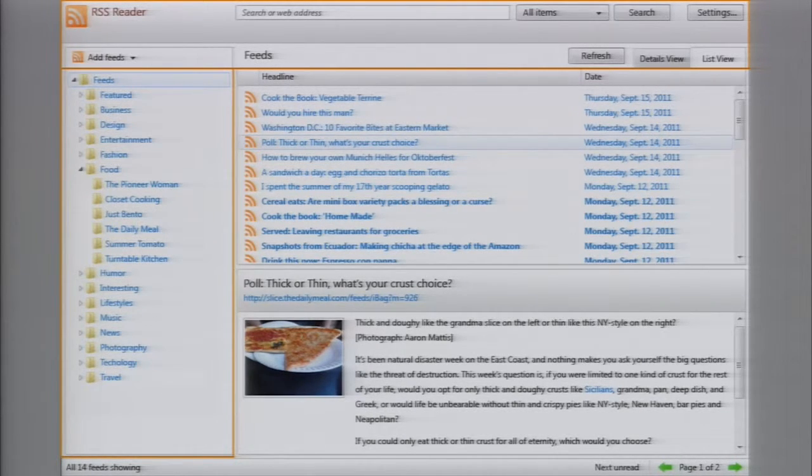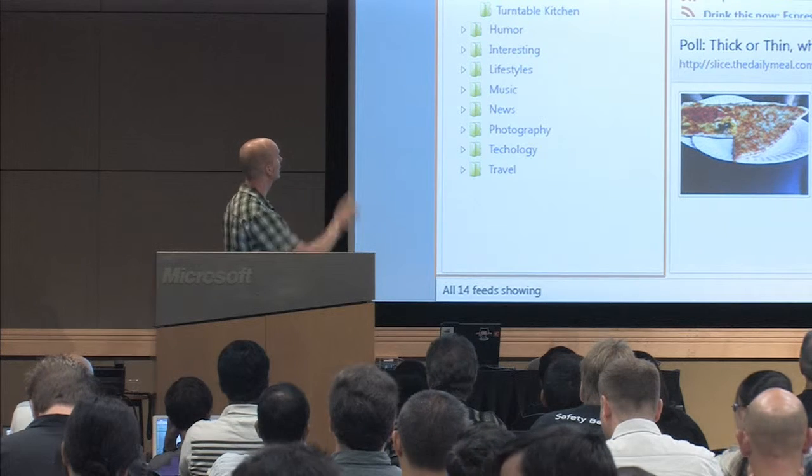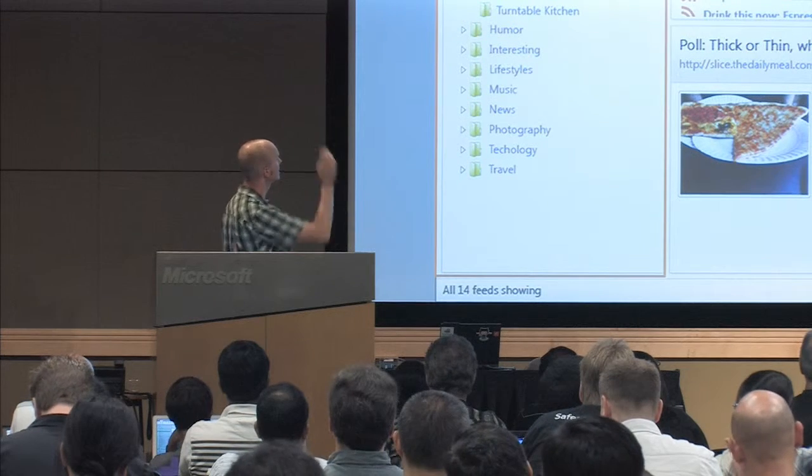It's got a couple tabs for going between details view and list view. It's got this tree control over here so you can navigate amongst all the different feed groups that you've created. It's got that list box over on the side so you can see all of the different items, all the different stories that are in the selected news group that you've got over there. Let's say it's the food group.